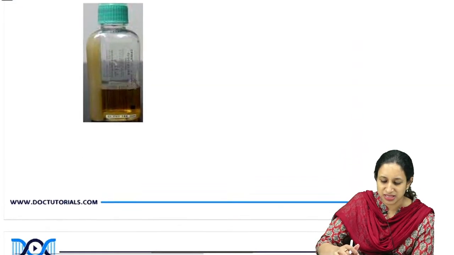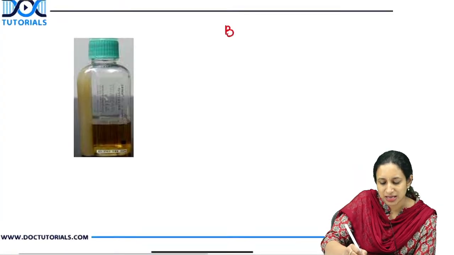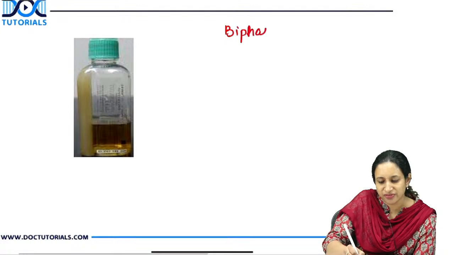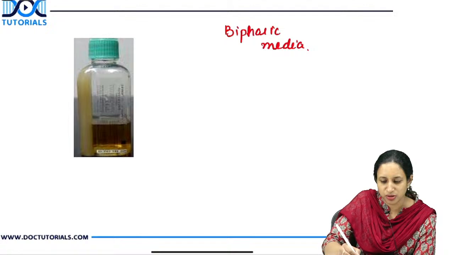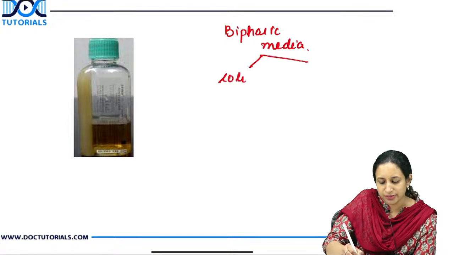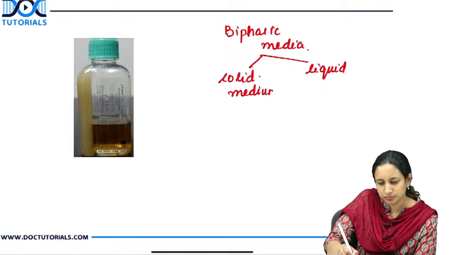Now this is an image of what is known as Castaneda's biphasic medium, where you have a solid and a liquid medium. And what is the advantage?